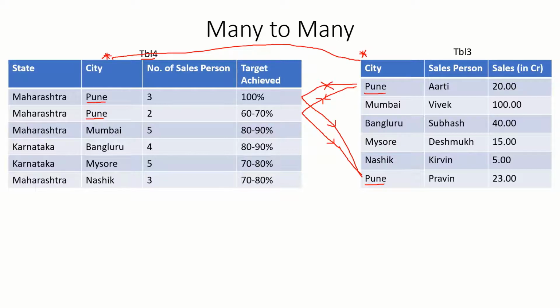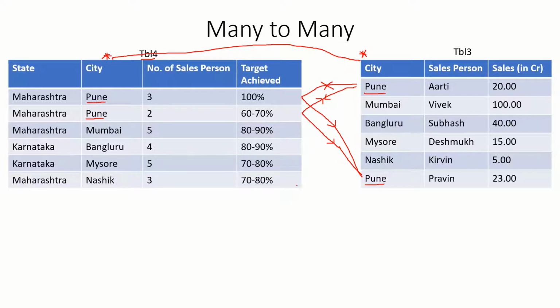So we are observing that a many to many relation is getting formed, right? And hence we call this type of relation many to many, wherein one particular row from either side of the table is creating multiple joins with the other table, right?